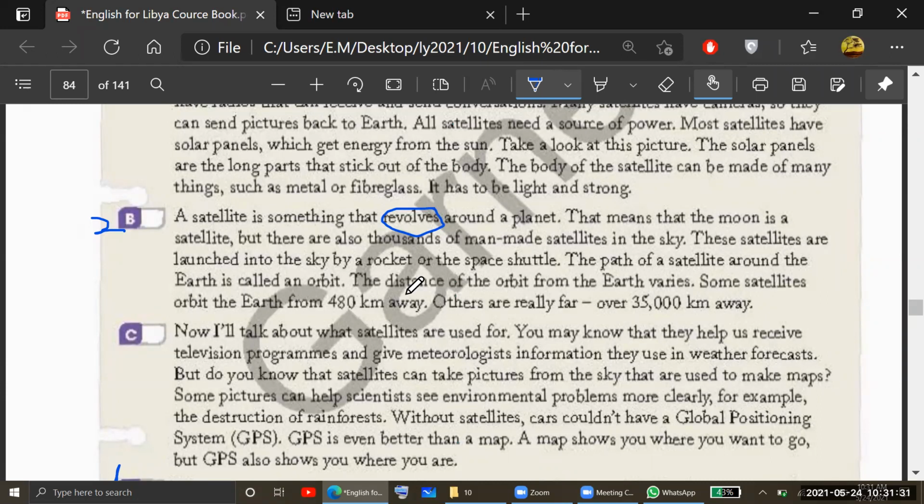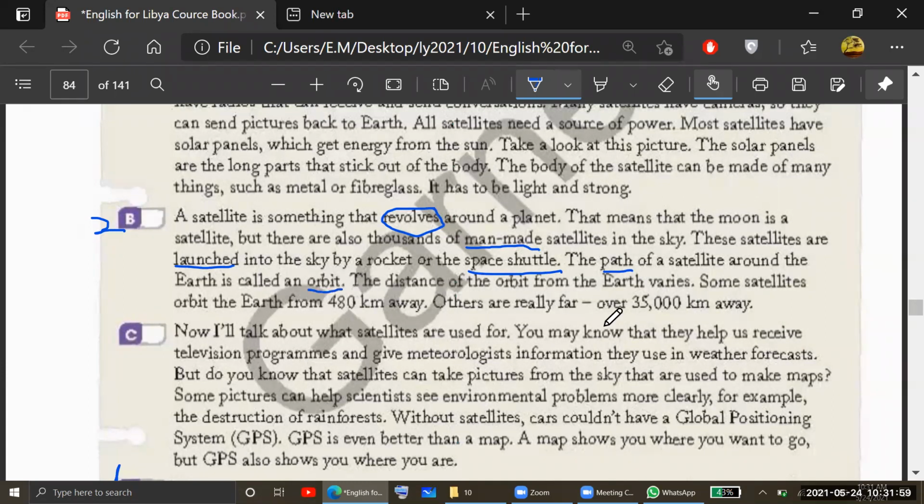But there are also thousands of man-made, صنع الإنسان, satellites in the sky. These satellites are launched into the sky by a rocket or a space shuttle, مكوك فضاء. The path, الطريق, of a satellite around Earth is called orbit, المدار.